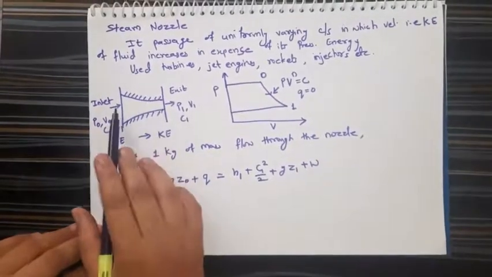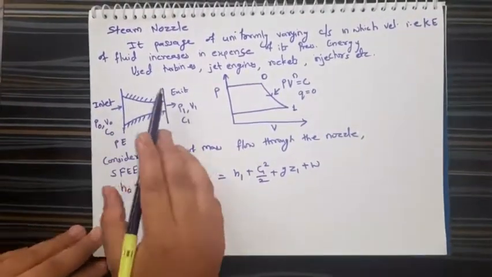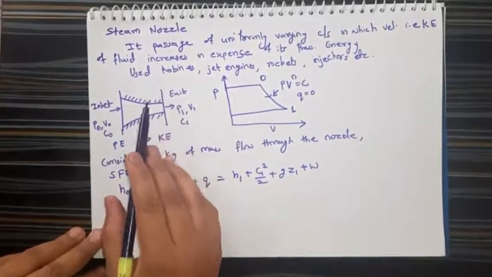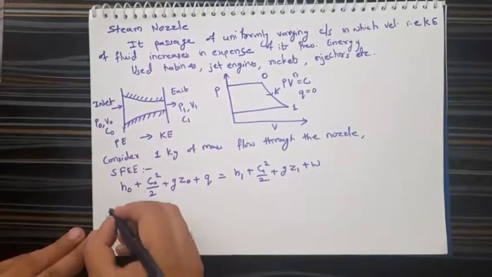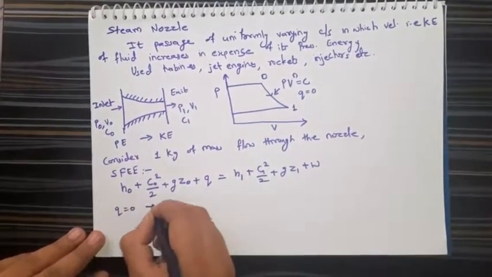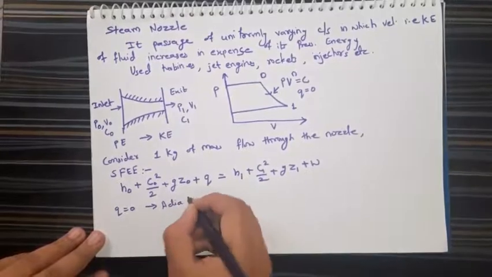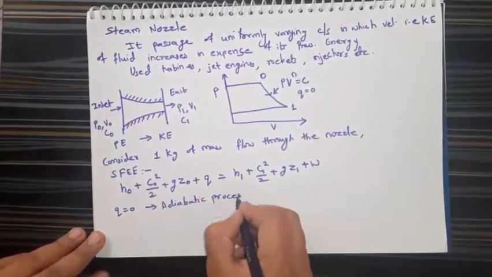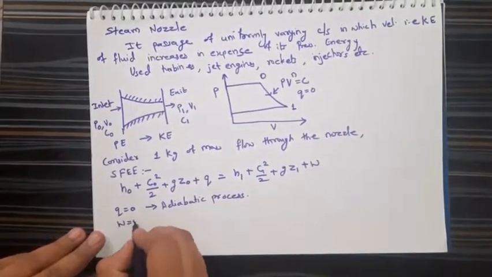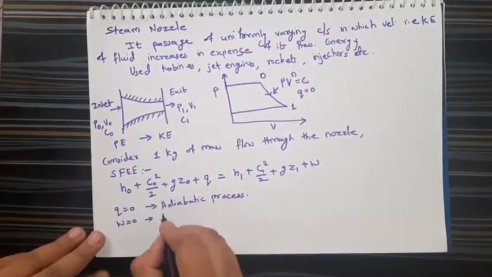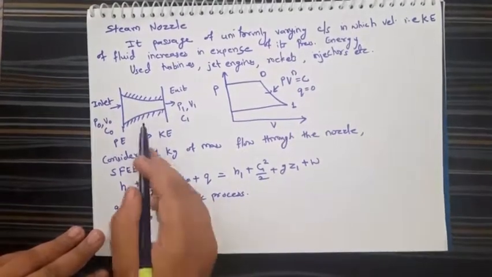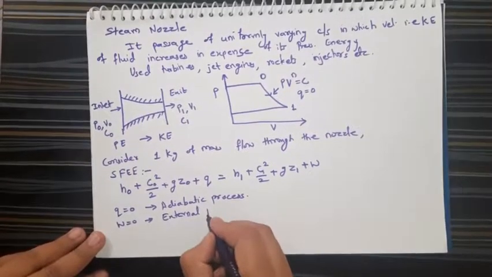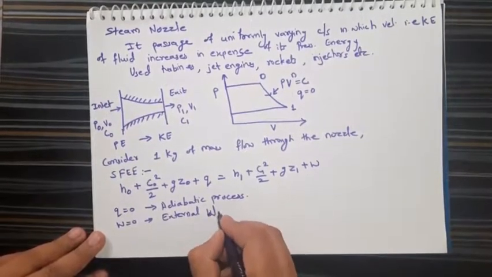Now as we have seen here, we have made this system insulated or made it adiabatic. So Q will be equal to 0 as it is an adiabatic process. Also work transfer is equal to 0. External work transfer, we are not providing any external work for this conversion, hence external work transfer is also equal to 0.